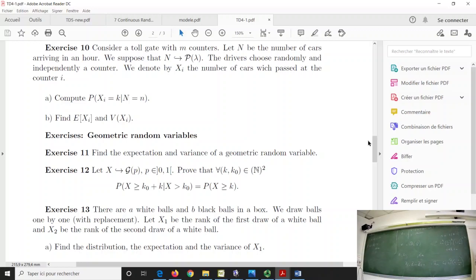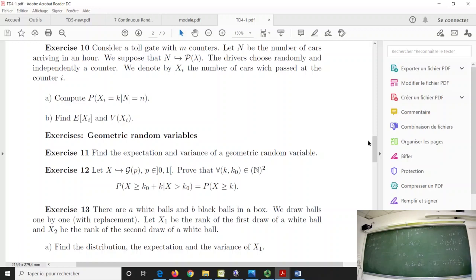So I have conditional probabilities. I have a probability to compute, and I see that here I have exactly what I have here. So which result from the course? Law of total probability. Yeah, it's the only result you have concerning this. But keep in mind that if you want to use the law of total probability, you need a partition of the universe. What will be the partition of the universe? These events here: the number of cars. It can be 0, or 1, or 2, or 3, and so on.